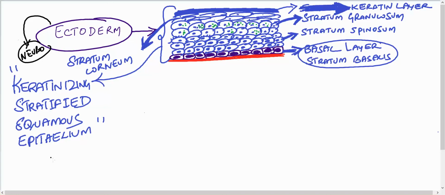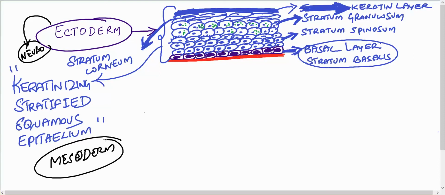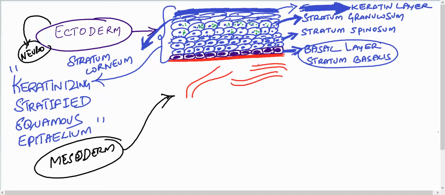From the mesoderm, I told you, all the muscles, bone, cartilage, blood vessels and blood come. From this mesoderm the blood vessels come just below the skin, and supply the skin epithelium.